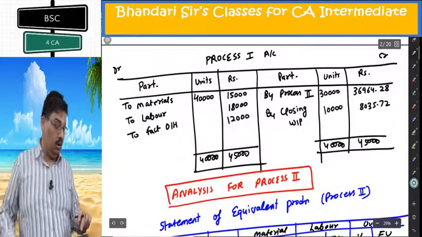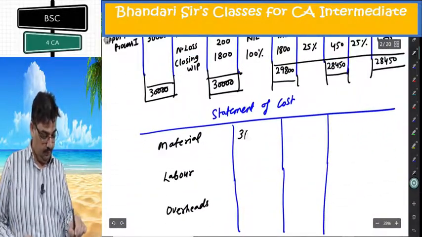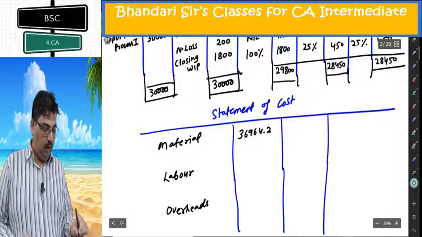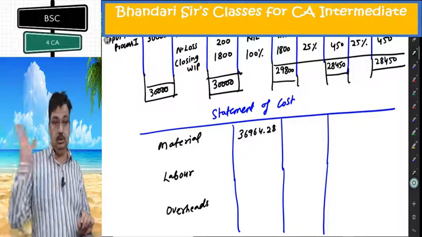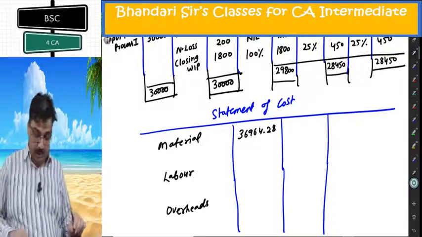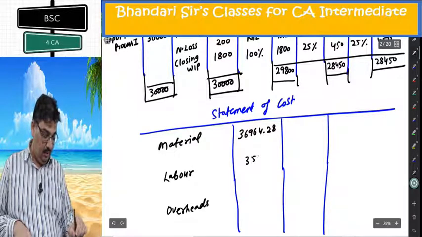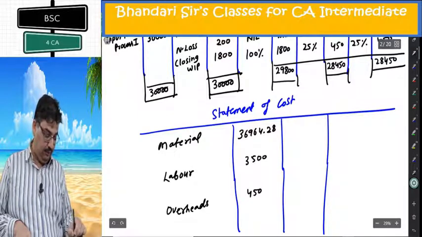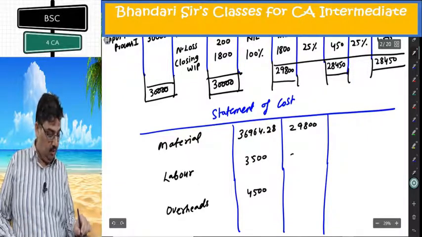What was the material cost? 36,964.28. Do not add protective material packing cost. That will be separately added in finished goods stock. Labor and overheads I have to take from there, 3,500 and 4,500. Equivalent units 29,800, 28,450, 28,450 each.